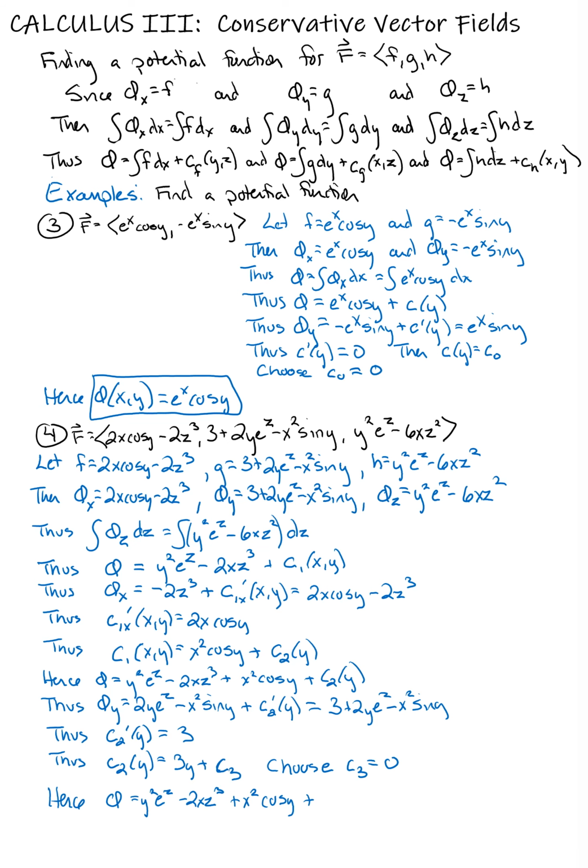Remember, C2 is equal to 3y plus C3, but we chose C3 to be 0 because C3 is an arbitrary constant not dependent on any variable. I can pick 0, but I don't need to write that on there. Therefore, we have found our potential function.